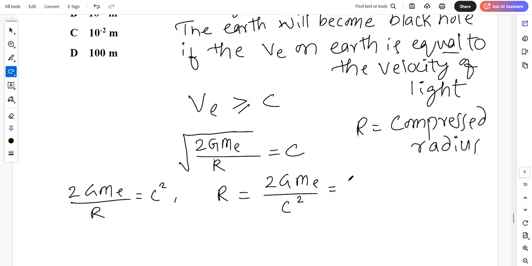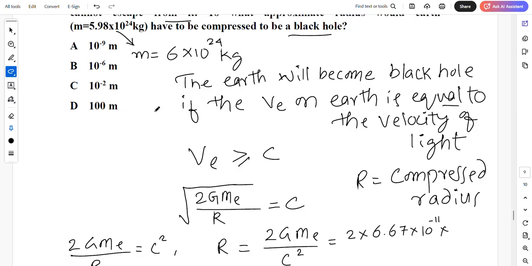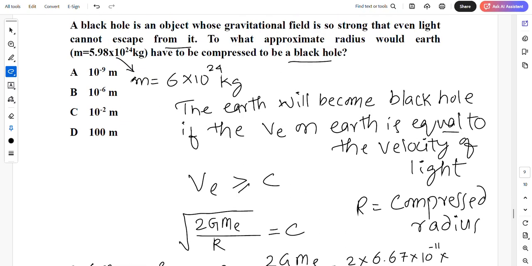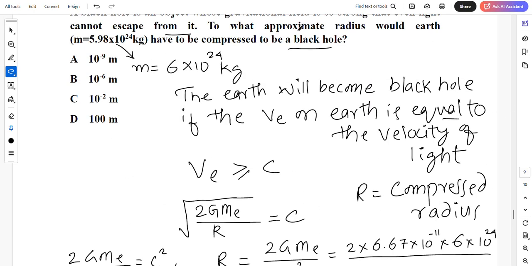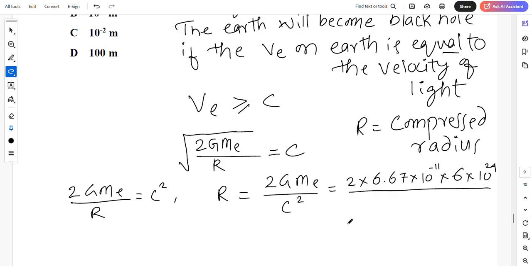Now substitute the values. 2 into the universal gravitational constant G, which is 6.67 into 10 to the power of minus 11. How much is the mass of the Earth? They have given 5.98. I can take this approximately as 6 into 10 to the power of 24 kg, divided by c square.